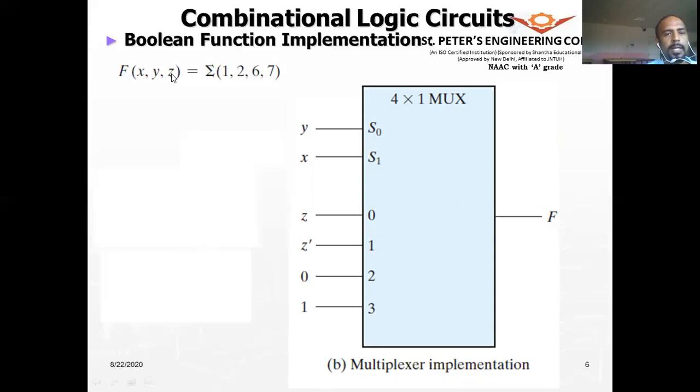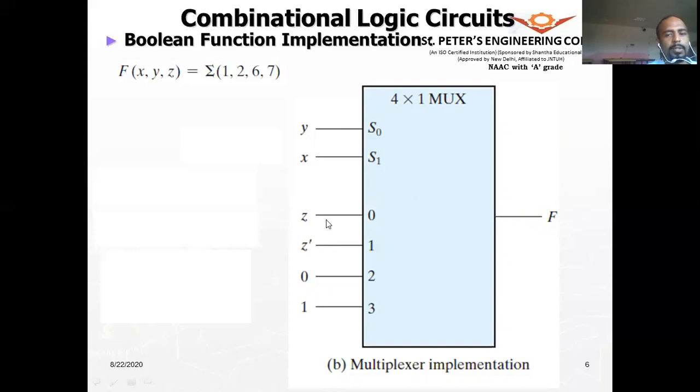And the input z, we are going to treat with two separate input data lines, that is I0 and I1. To I0, we are going to give the true value of z, and the complement, that is z complement, is given to I1.